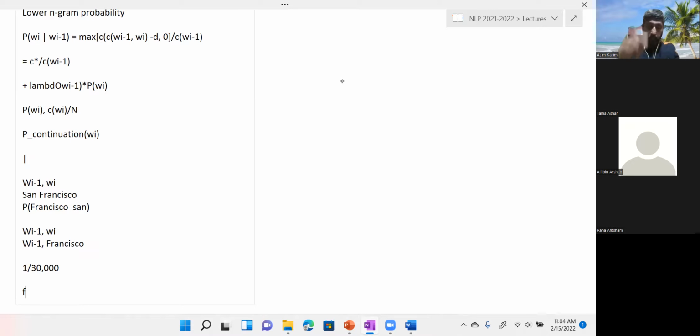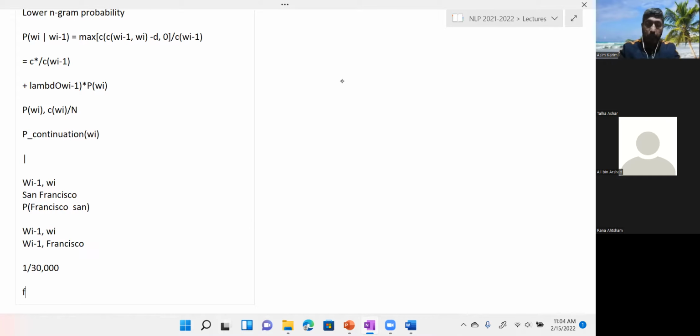So this value, the continuation probability, is based on observed events only, not on unobserved events. Remember, unobserved events in NLP are tremendous. They distort the distribution. So here we are looking at how many times Francisco is a continuation of a distinct word in the numerator, which is observed, and in the denominator, how many observed bigrams exist, or the total possible bigrams, and in the numerator, the bigrams that contain Francisco.